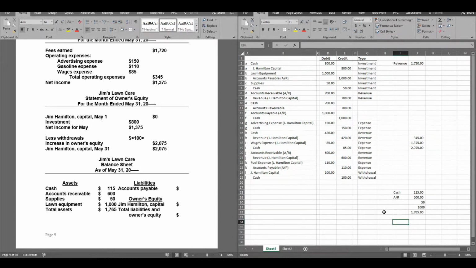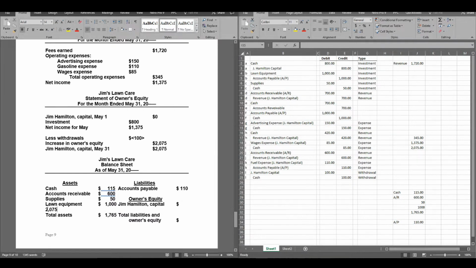So, let's do accounts payable. Accounts payable is, we added to it here. We subtracted from it here. But then we added to it here. So we have $110 in accounts payable. Our capital account is $2,075.